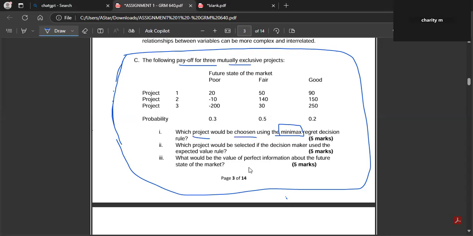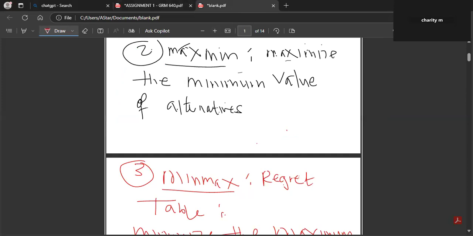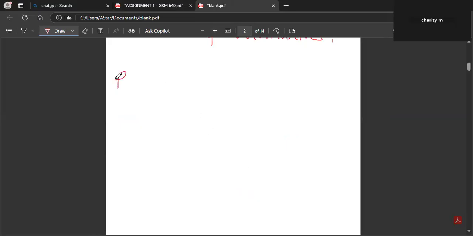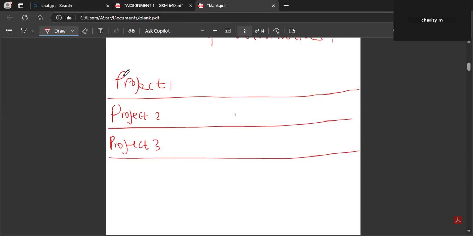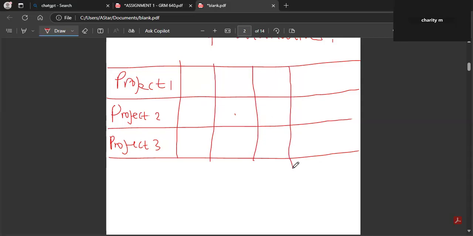Okay, so let me go back here. The projects that we have: project 1, project 2, project 3. So we have these aspects here.